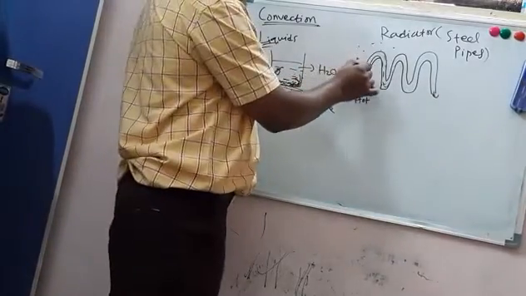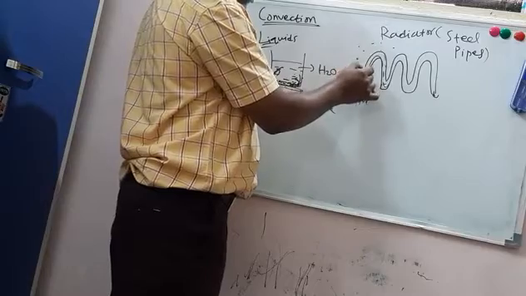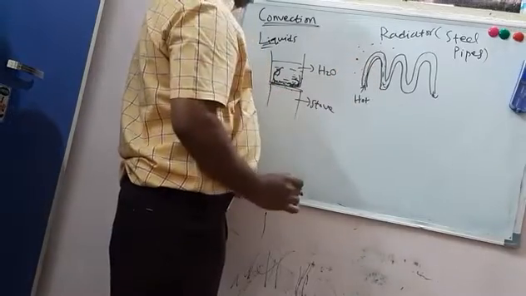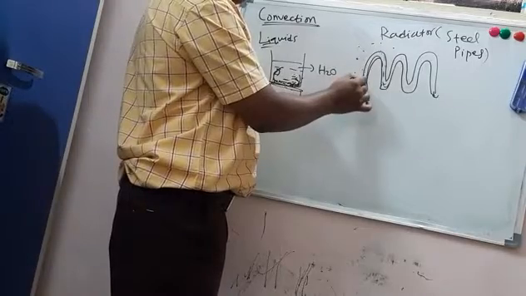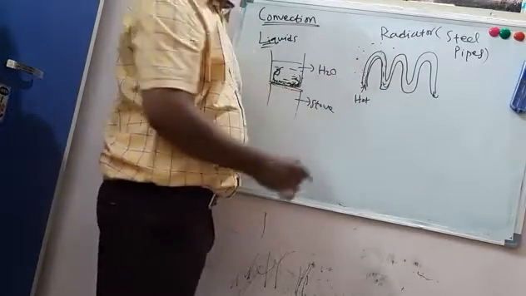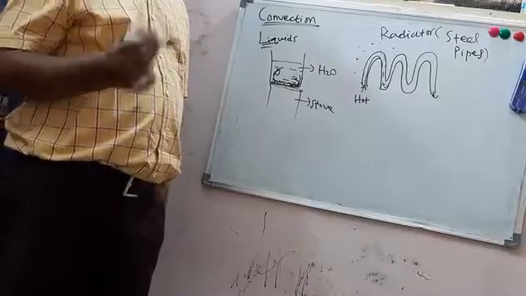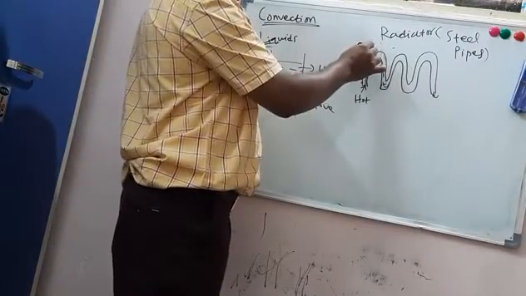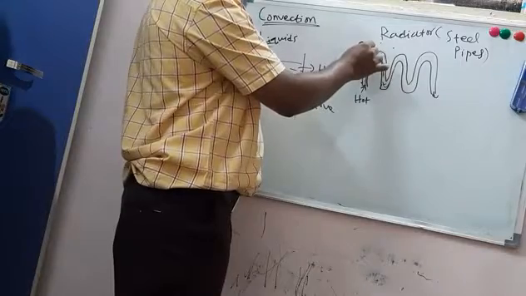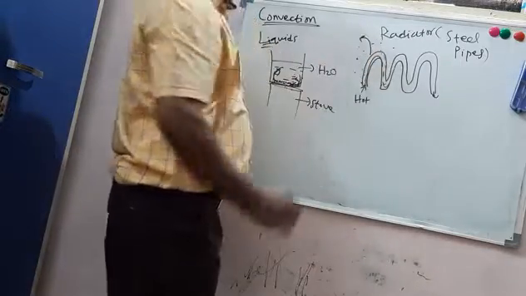So when these air molecules come in contact with the hot pipe, air molecules are heated up and its density decreases, so lower density air molecules move upwards.